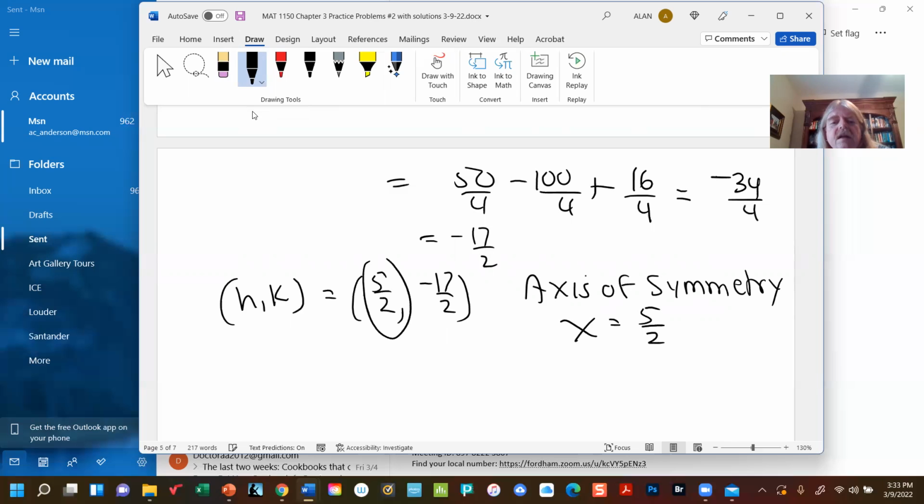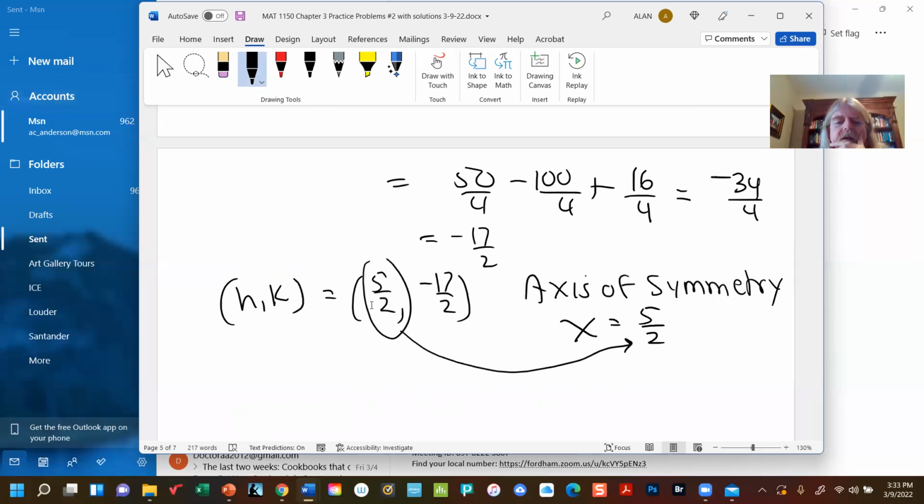There's really nothing else you have to do. Once you've got the vertex, the axis of symmetry is essentially just saying, what is the x coordinate? That line is the axis of symmetry. So that's all there is to it. It's not much of an extension.